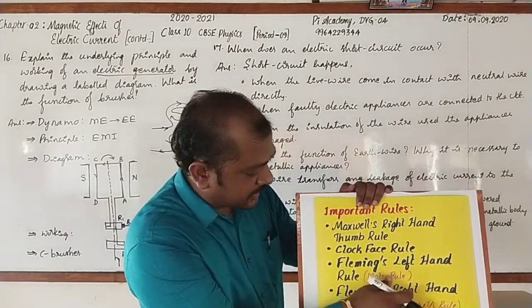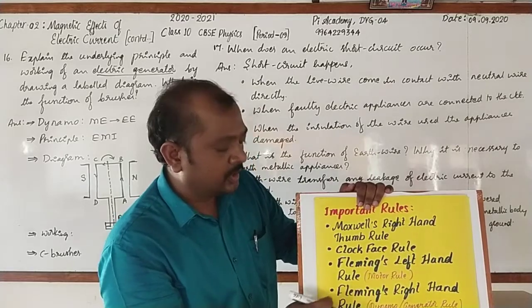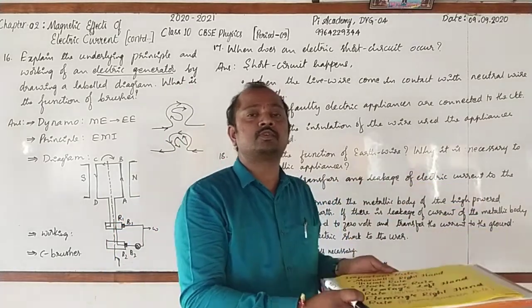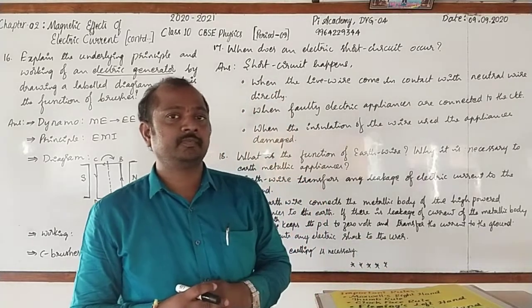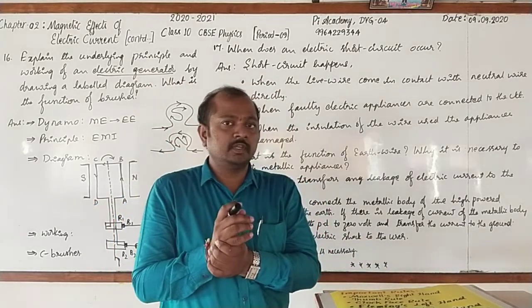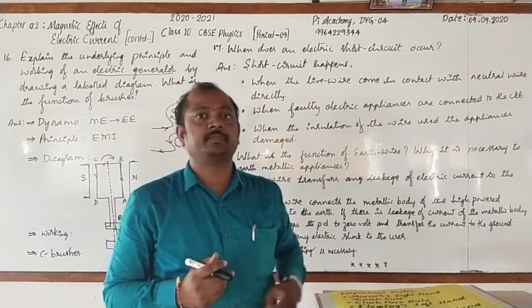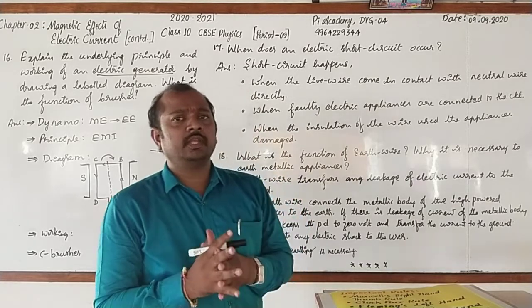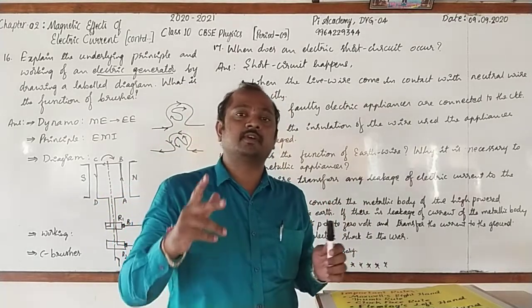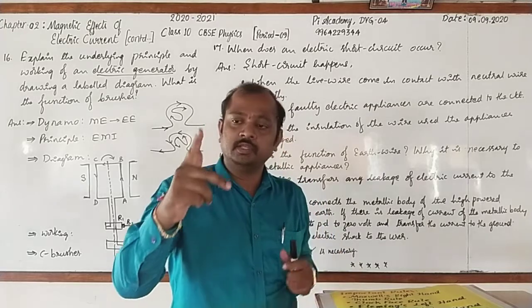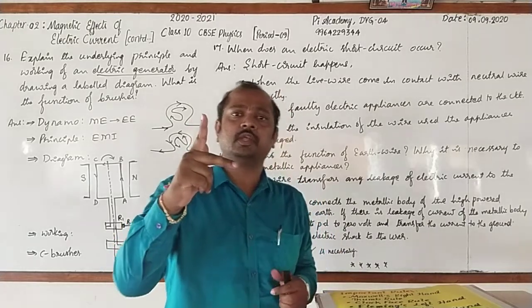Remember. Next, another one, Fleming's right hand rule. Fleming's right hand rule is used to know the direction of the induced current. Current was induced in the experiment done by Michael Faraday, right? So there, according to Fleming's right hand rule, here also we have to stretch the first three fingers of our right hand mutually perpendicular to each other.